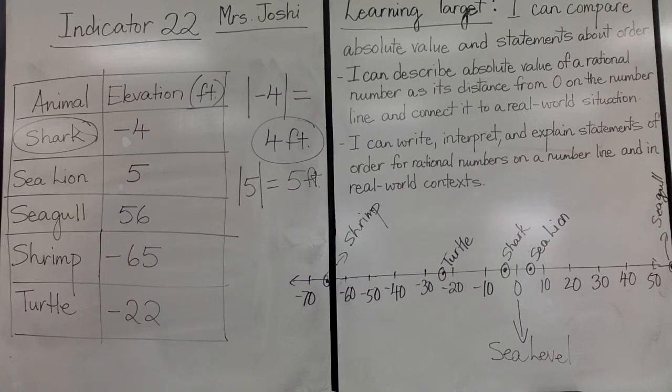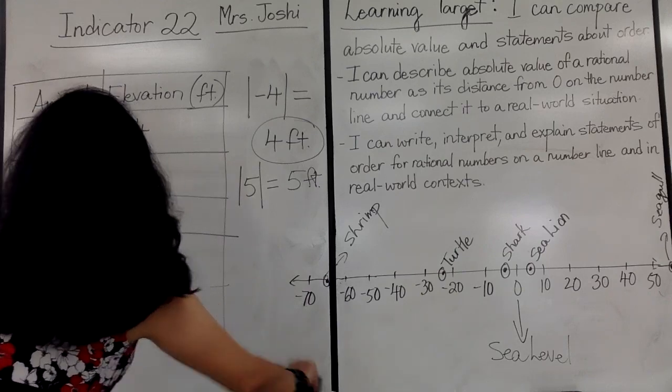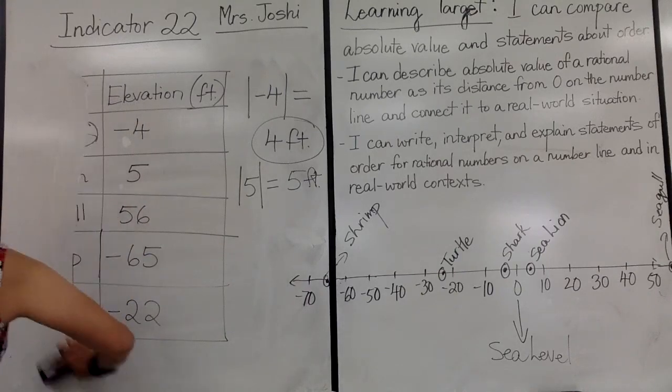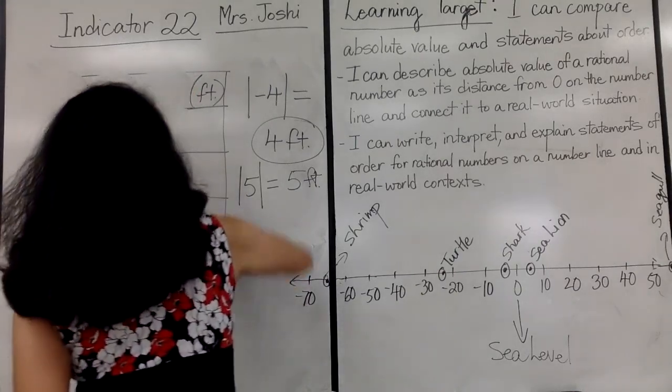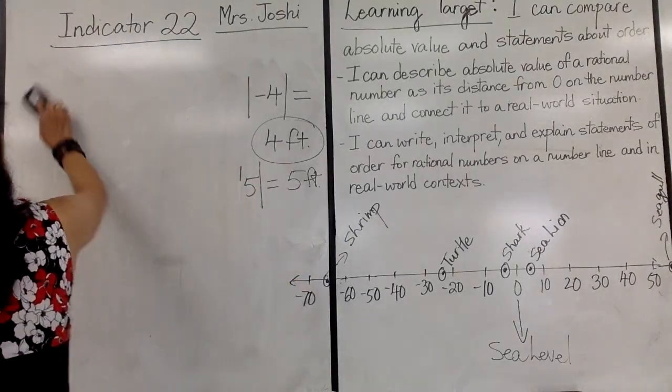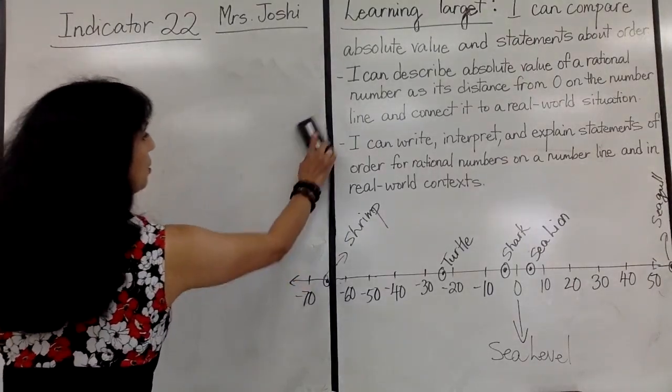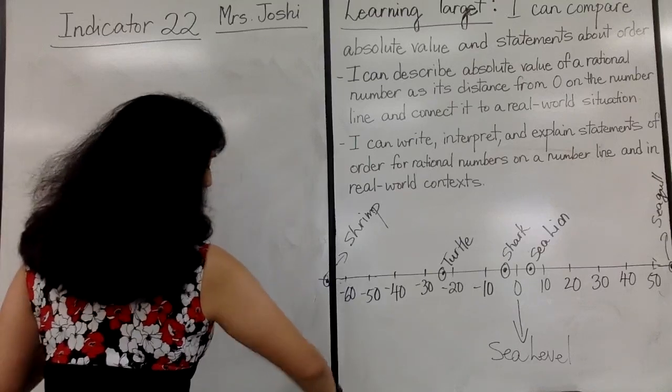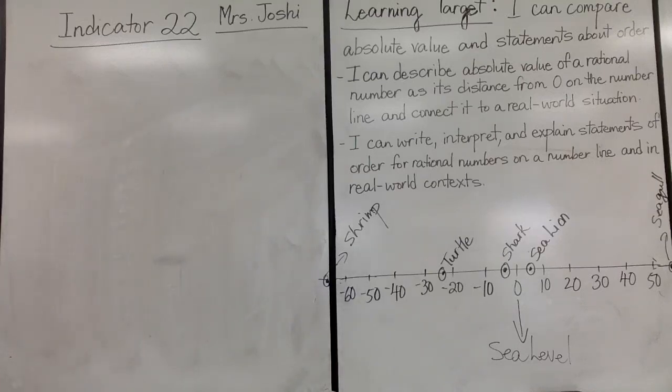We're going to do one last problem in which we are going to order numbers from least to greatest, okay? Now, don't assume that everything will be in absolute value form, because you may have to order along with absolute value.